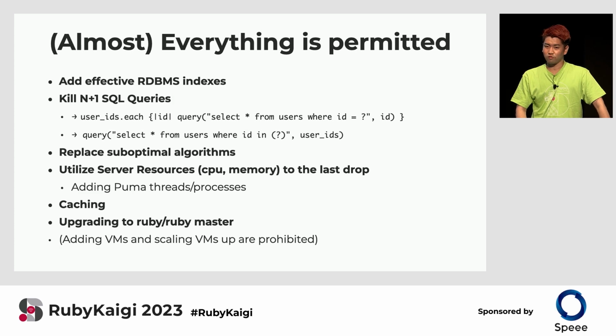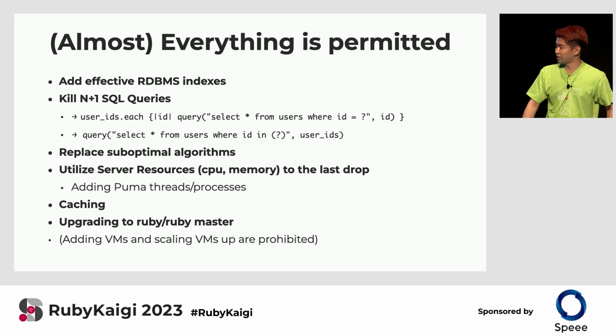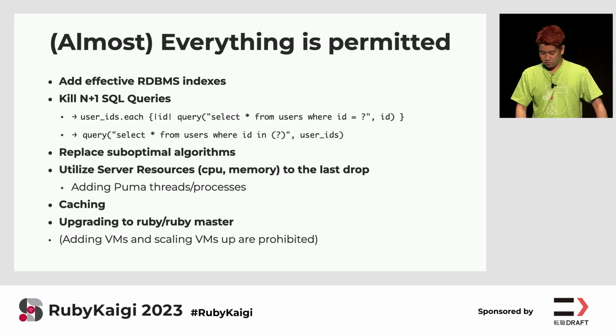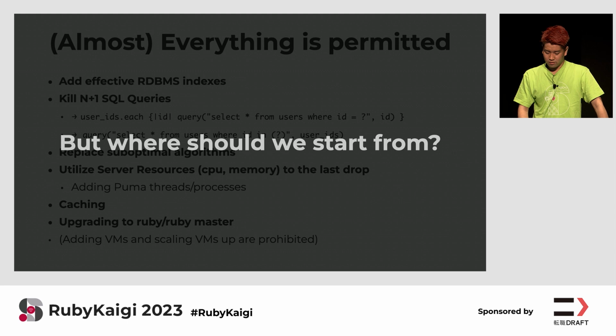Trying to utilize server resources to the utmost is OK. Caching is OK. And of course, upgrading to Ruby Master is OK, because as Sui-san said in the morning talk, Ruby Master is the fastest Ruby on Earth. So we have so many things to do. Where should we start from?